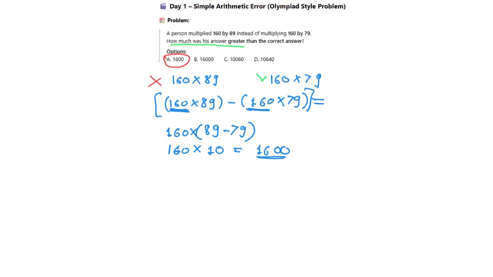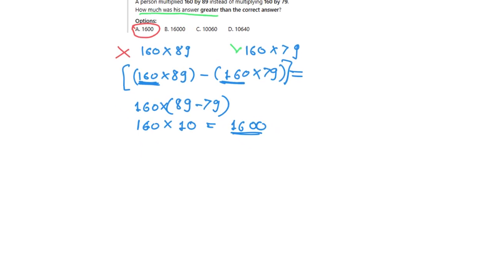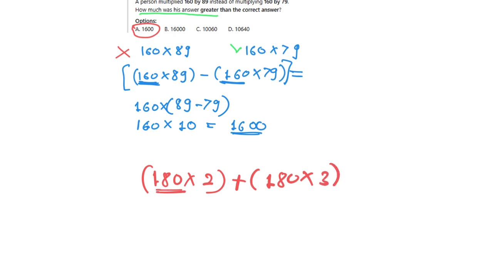Here is an important tip to note: if something is getting multiplied and then subtracted or added, and there is a common factor, we can take it out. For example, 180 multiplied by 2 plus 180 multiplied by 3, this we can simplify by taking 180 outside.